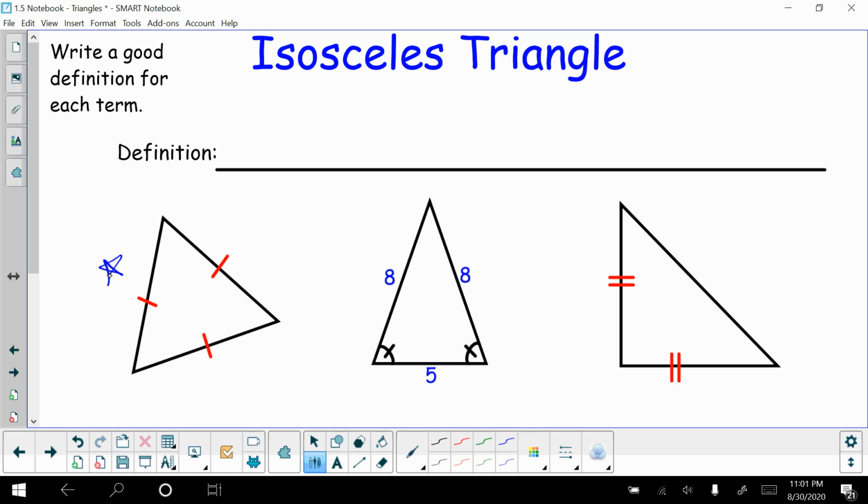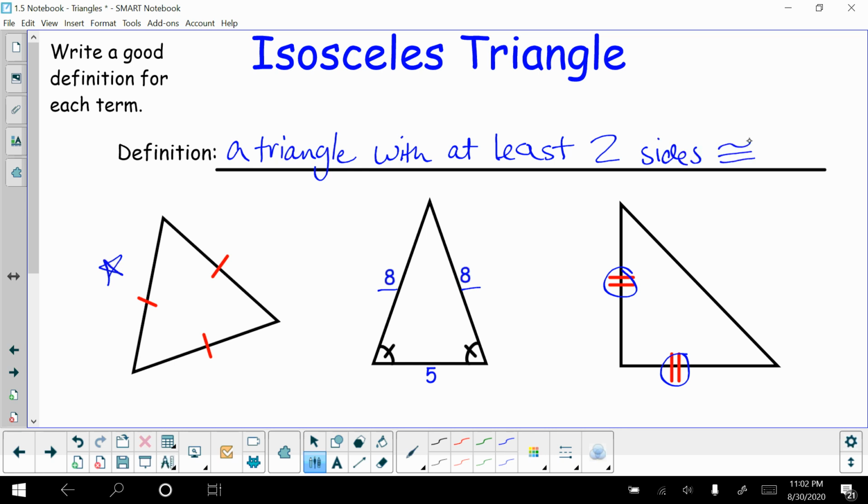So a definition, and then you'll notice over here these two sides are equal, and then over here these two sides are equal, but not necessarily the third. So definition is it's a triangle with at least two sides congruent. A triangle with at least two sides congruent.